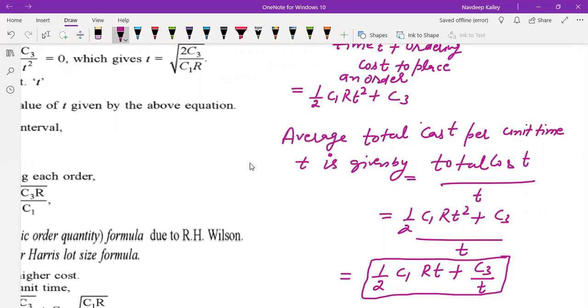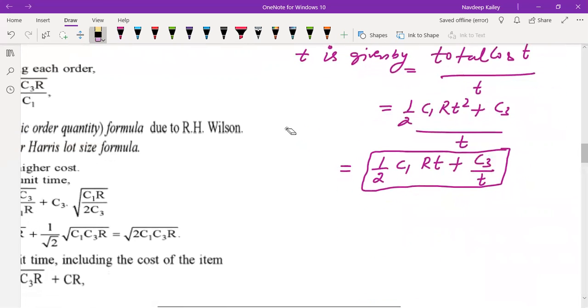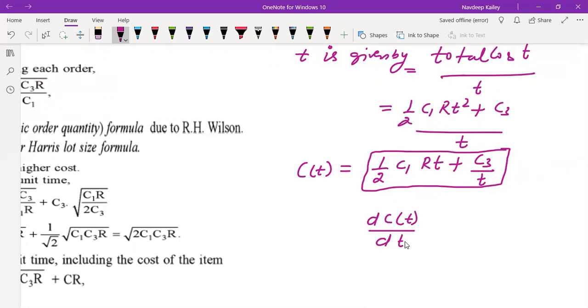Now, this average cost will be minimum. Say we represent this average total cost per unit time as C of T. This C will be minimum if the derivative of this is 0 and its second derivative is positive.